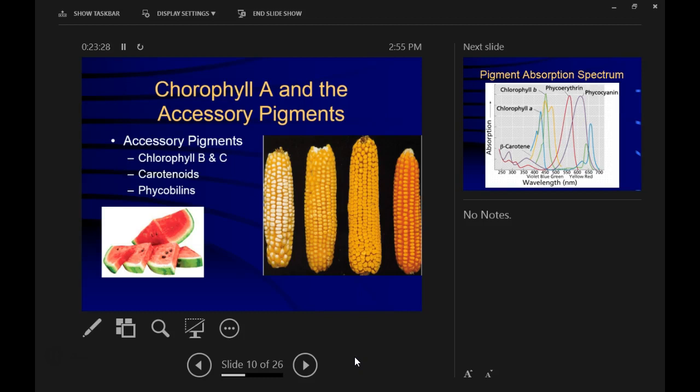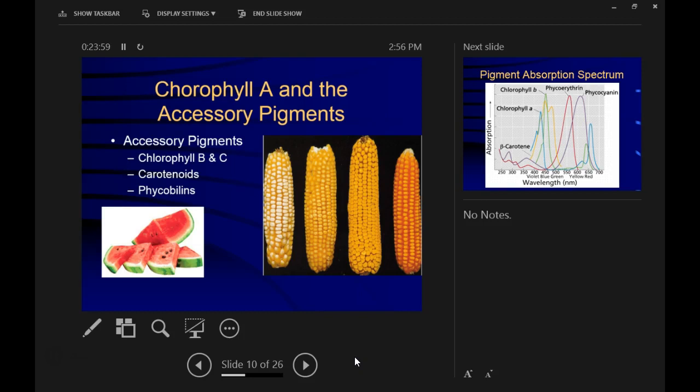And the cool thing about the machine is we can do it one wavelength at a time. So we can start at 400, go to 401, 402, 403, all the way to 700. And we can see how much light goes through at different wavelengths, and then plot a graph to see how much absorption, because pigments are very specific on the wavelengths of light that they absorb.